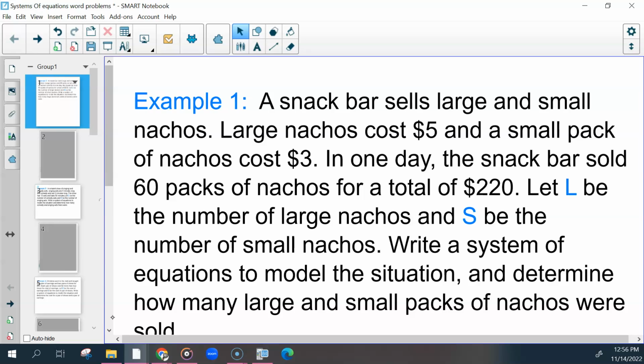Large nachos cost $5. Okay. What else? A small bag of nachos cost $3. Okay. Josie.